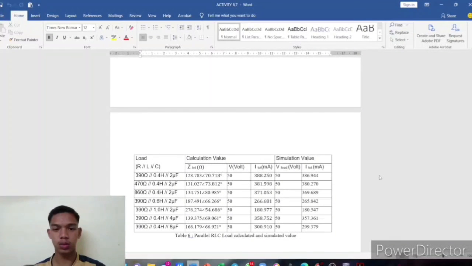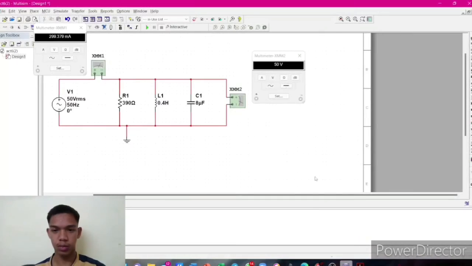Assalamualaikum warahmatullahi wabarakatuh. My name is Muhammad Johari bin Zakaria, AE19009. I will present about activity 6, which is the RLC parallel circuit. In the circuit, you can see this is the RLC parallel, the AC power supply, connected to the AC ammeter, and this is the resistor, capacitor and inductor, which are connected in parallel, and the AC voltmeter is also connected in parallel.